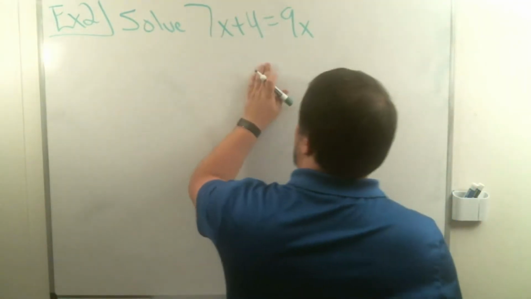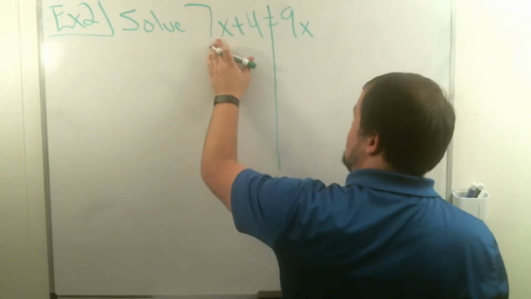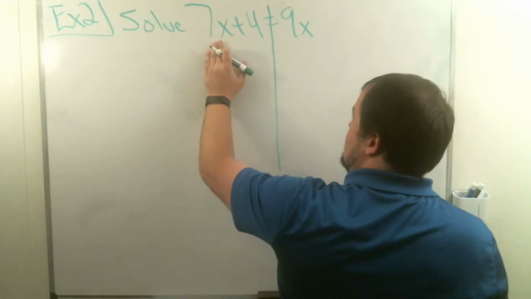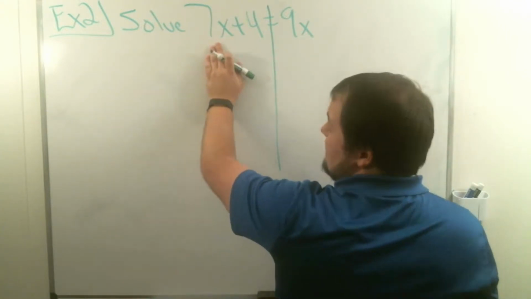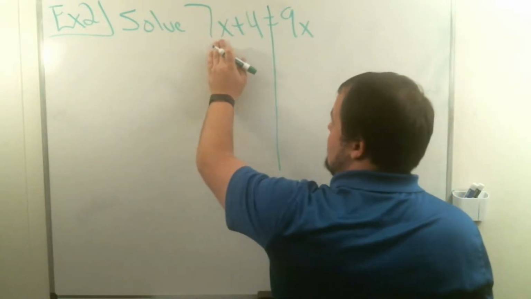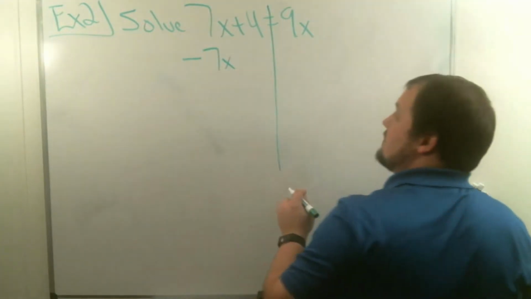What we're going to do is draw a line through the equal sign, and we're going to get rid of this variable because this variable is all by itself. To get rid of this variable, we're going to do the opposite of what we see. If we add 7x, it's not going to go away. It's going to become 14x. So instead of adding 7x, we're going to subtract 7x.